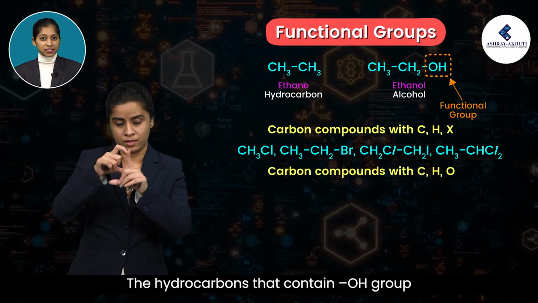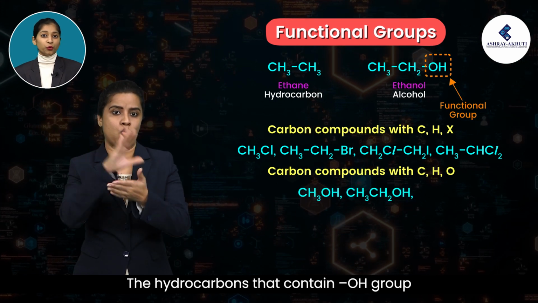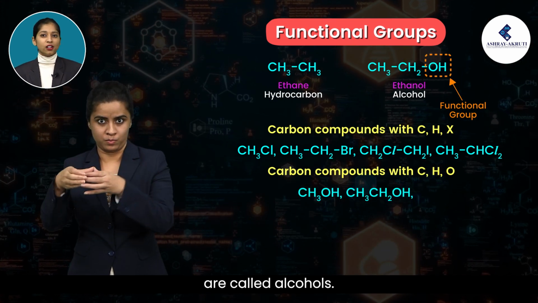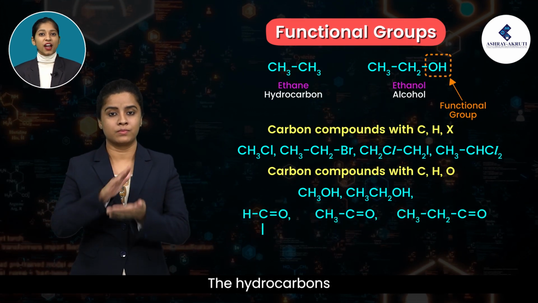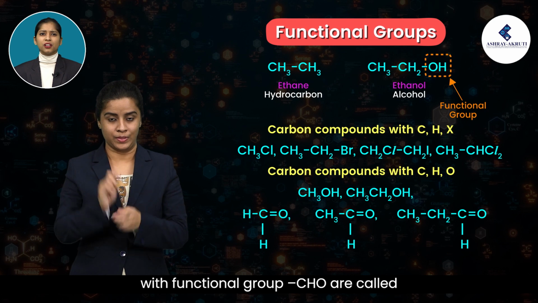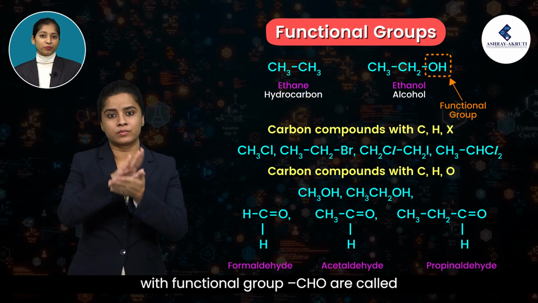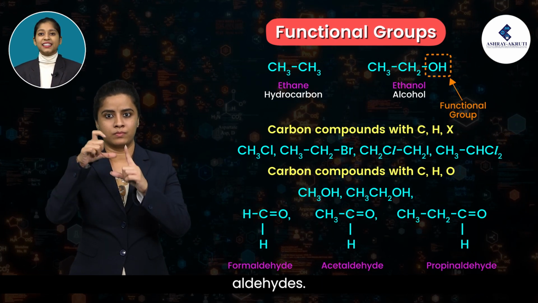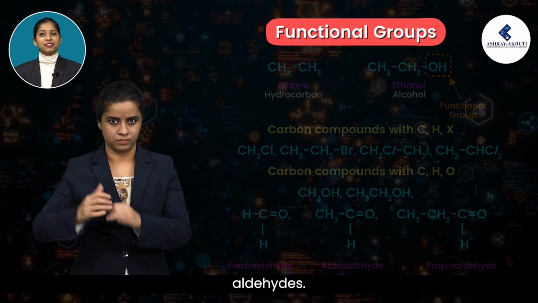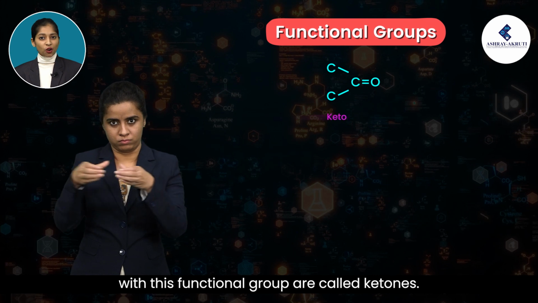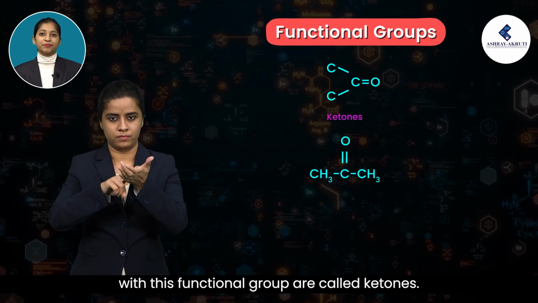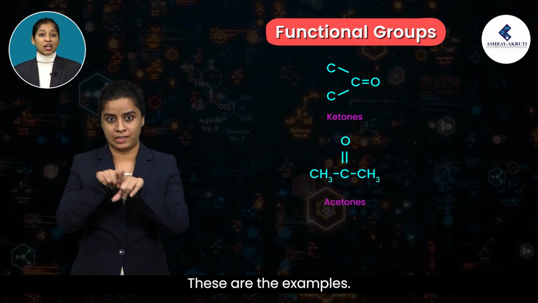The hydrocarbons that contain OH group are called alcohols. The hydrocarbons with functional group CHO are called aldehydes. The hydrocarbons with this functional group are called ketones. These are the examples.